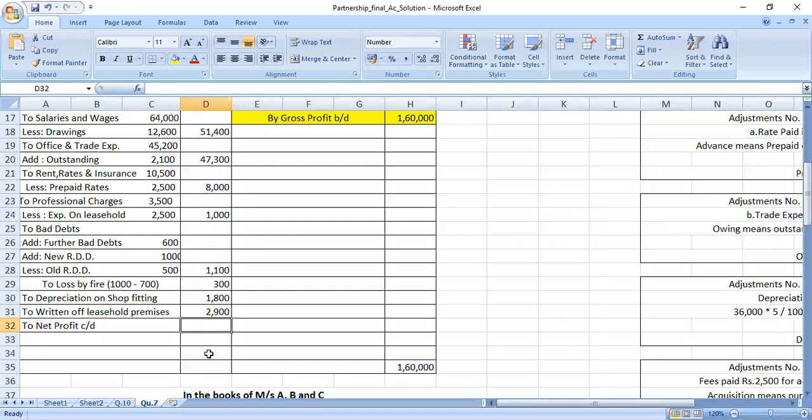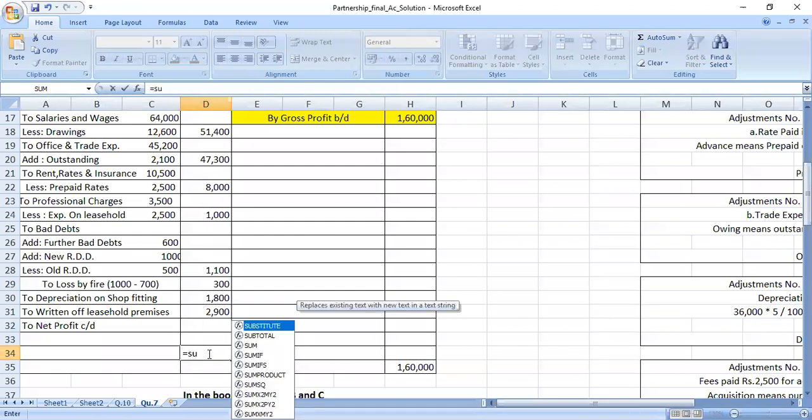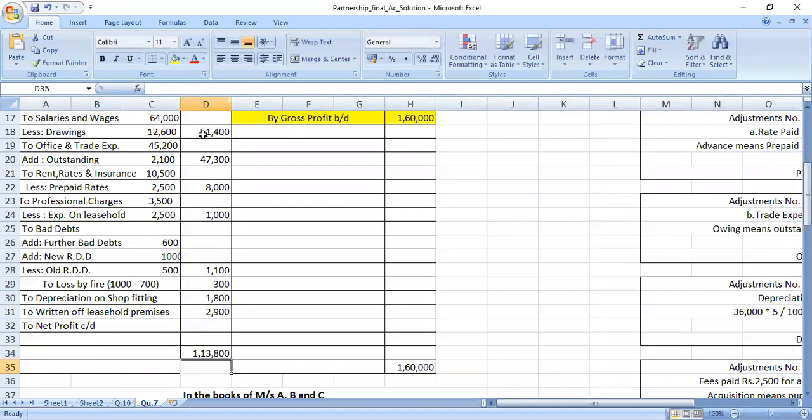Did you get the debit total? It is 1,13,800.